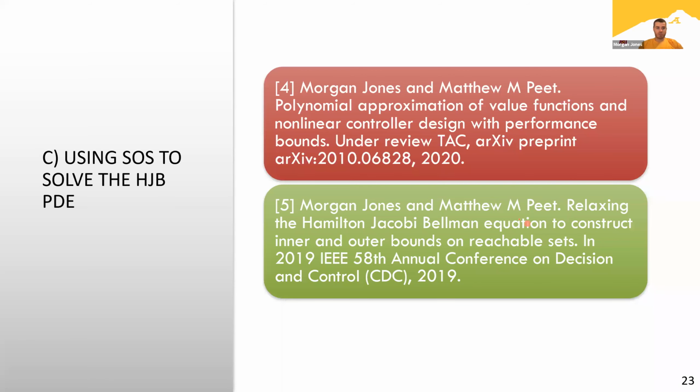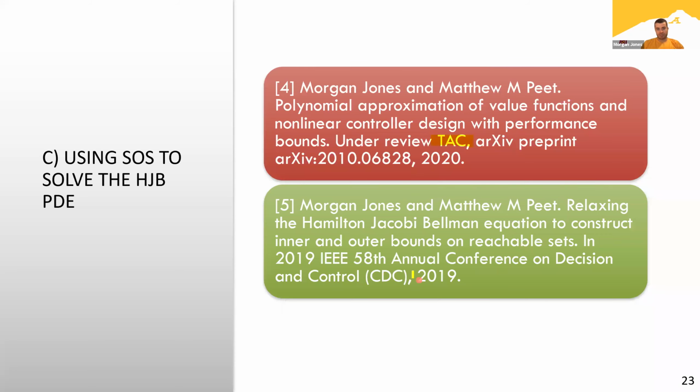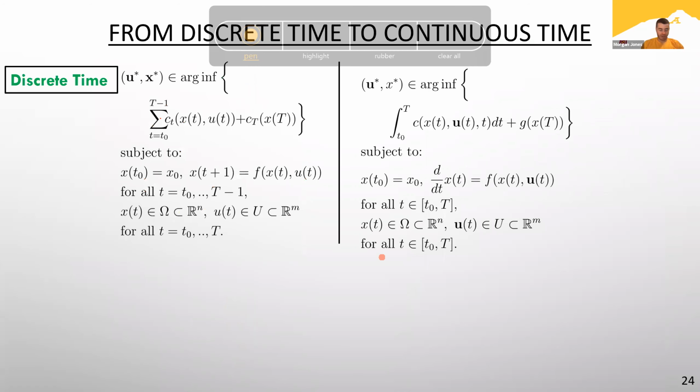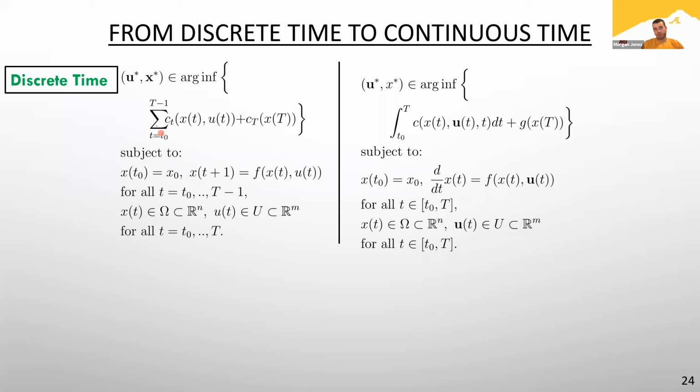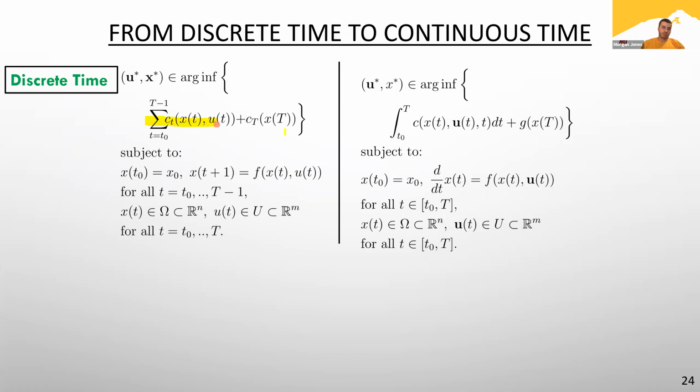So next we'll move on to the algorithm we proposed based on sum of squares programming to solve the Hamilton-Jacobi-Bellman partial differential equation. And this is based on work that we've submitted to TAC and CDC. So if we consider the discrete time multi-stage optimization problems, in the classical case, they have this type of objective function that's the sum of costs, and they have this state dynamics.